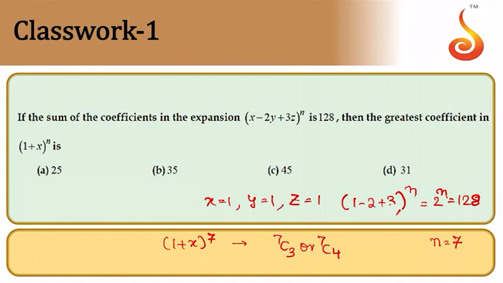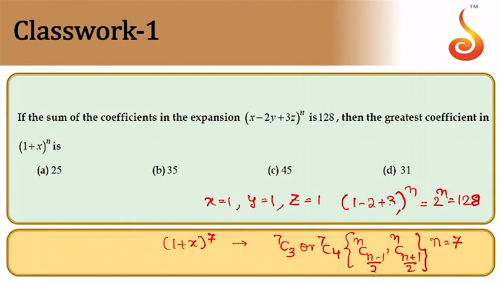Obviously it will be the middle term, 7C3. There are 8 terms, so either 7C3 or 7C4. Both are the same. So number of terms will be 8.